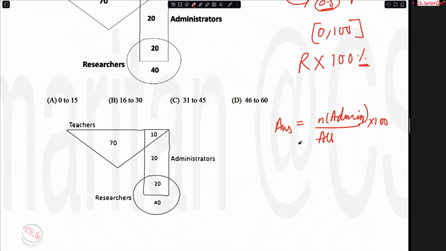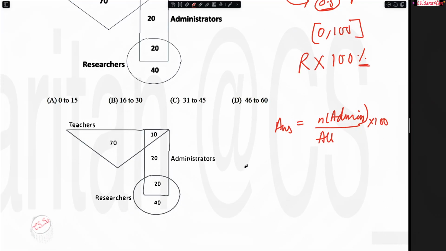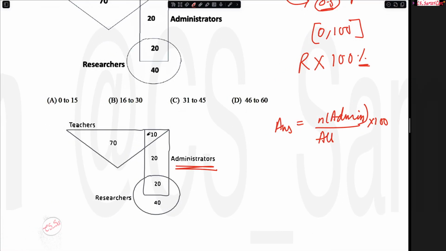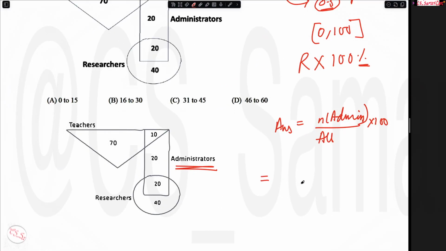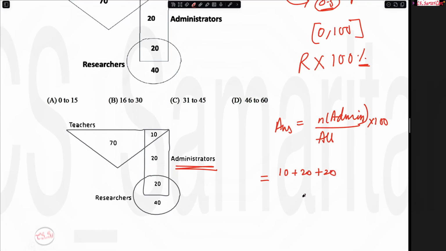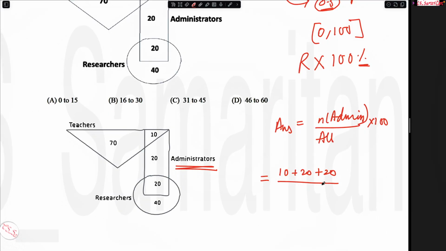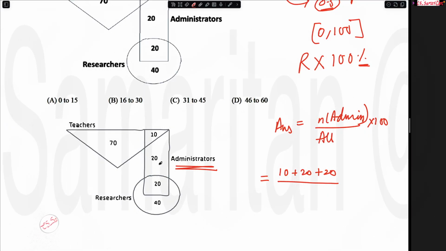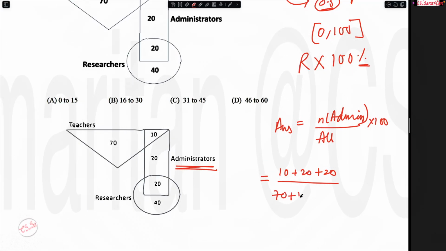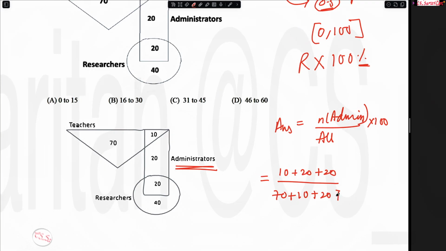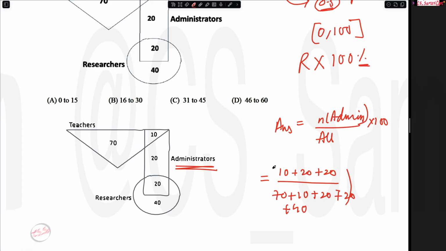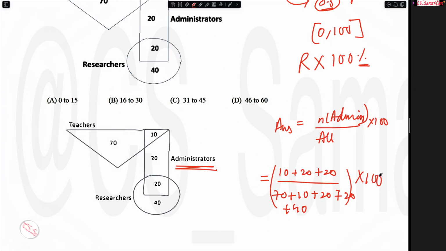We know that the number of administrators is basically all the numbers inside of this rectangle. So let's add that and we get your numerator. That is going to be equal to 10 plus 20 plus 20. And your denominator is all, that is 70 plus 10 plus 20 plus 20 plus 40. So let's write that also: 70 plus 10 plus 20 plus 20 plus 40, this whole thing times your 100.